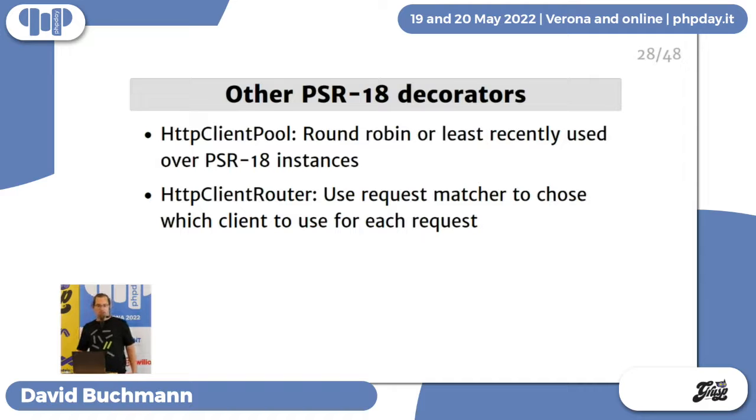Another one is the HTTP client router, which you can configure with clients and request matchers to tell it if the request matches this, you use that client, otherwise you use this client. So that could be another way to internally handle these multiple clients for different use cases. You could wrap them into this router to decide how to send your request through which client.